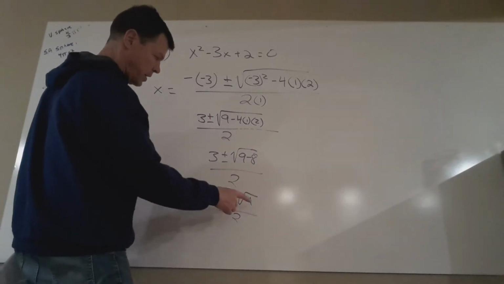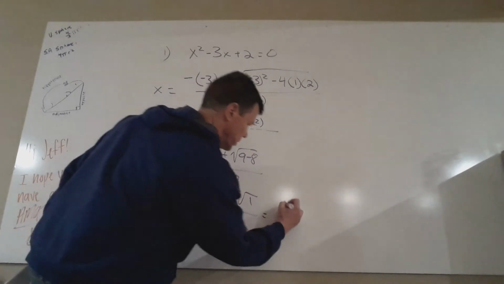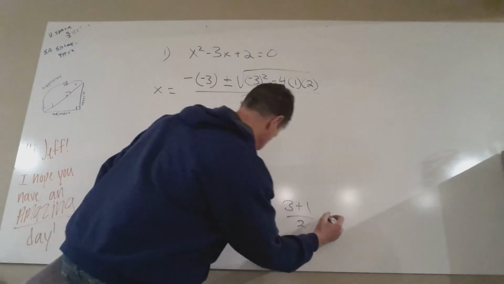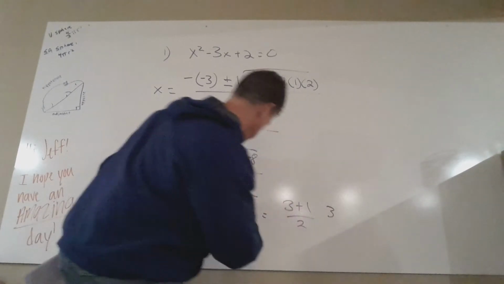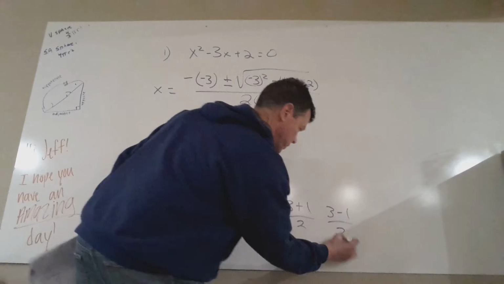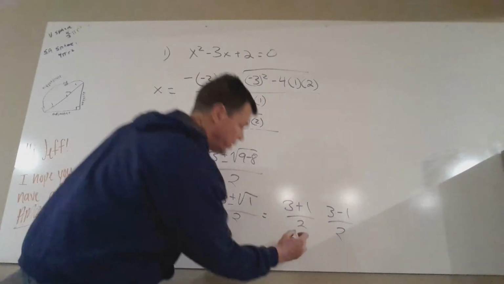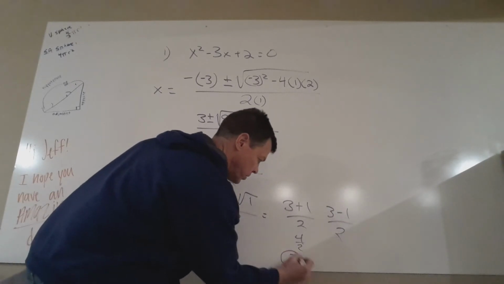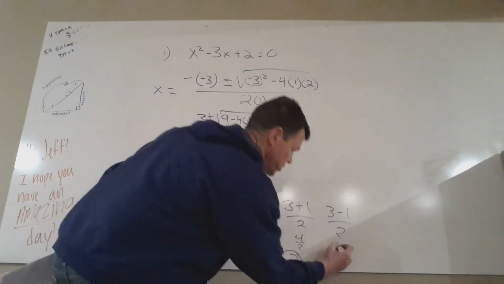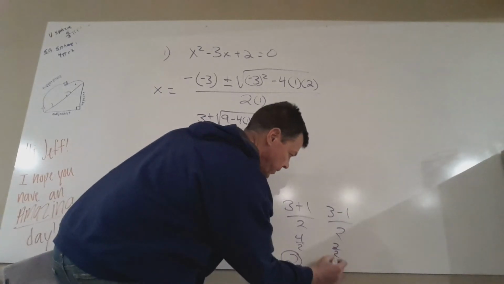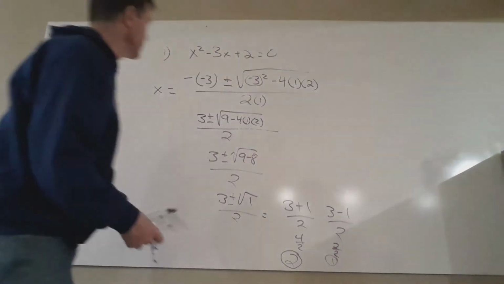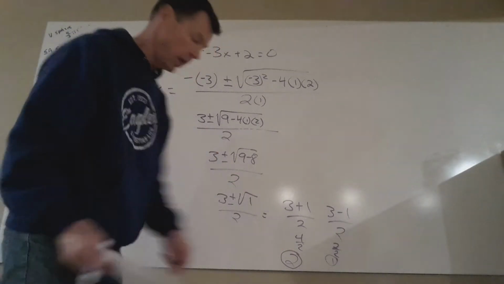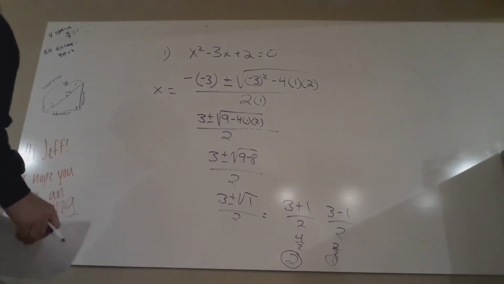So we have 3 plus 1 over 2, and 3 minus 1 over 2. 3 plus 1 is 4, over 2, so that equals 2. 3 minus 1 is 2, and 2 over 2 simplifies to 1. So your solutions for this first one are x equals 2 or x equals 1.